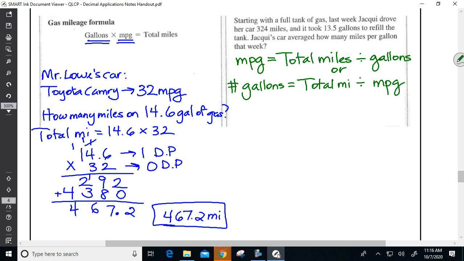So let's wrap this one on up. So this would be, you're looking for miles per gallon. 324 divided by 13.5. So it's a division problem.